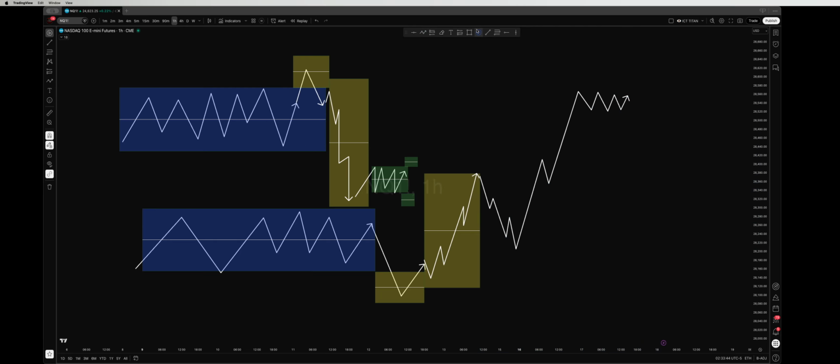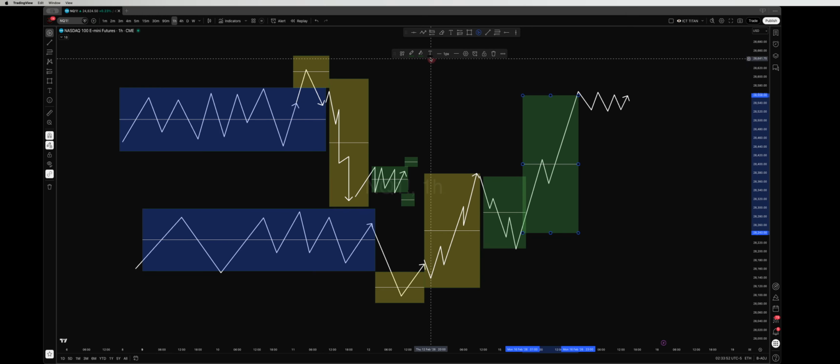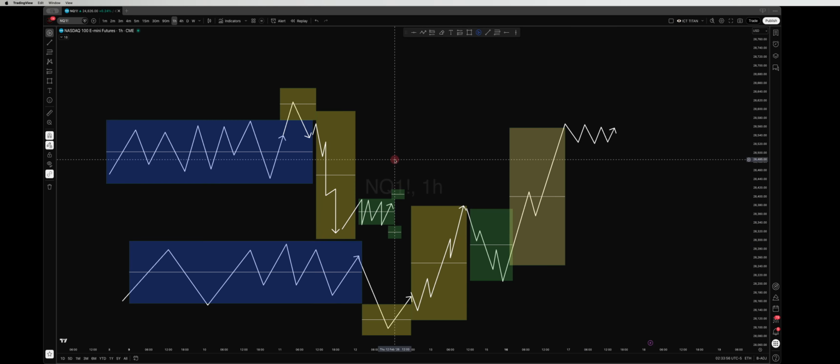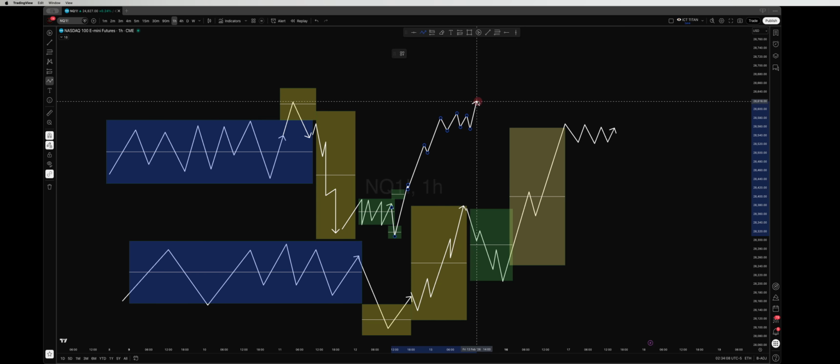Okay, so here this is a manipulation, and then you saw a distribution. Okay, so after accumulation on this one, this is manipulation. If this is the manipulation to the sell side, you will see a distribution to the buy side. Okay, and then again maybe accumulation, or then manipulation, and then again distribution.